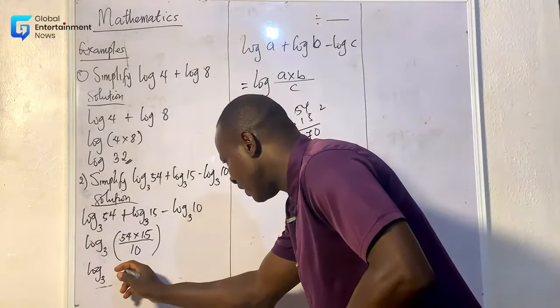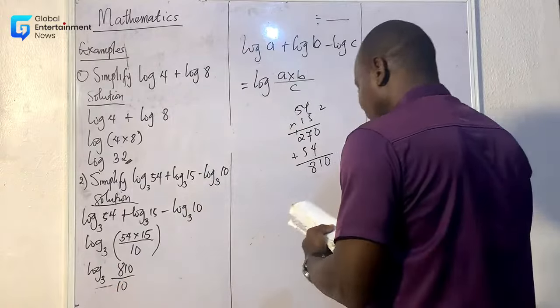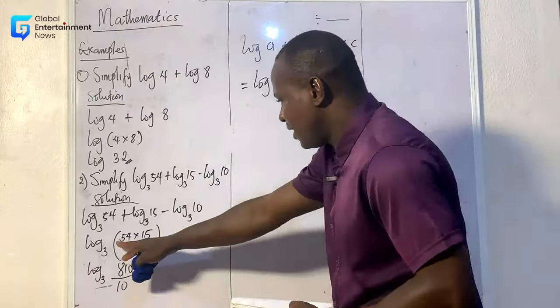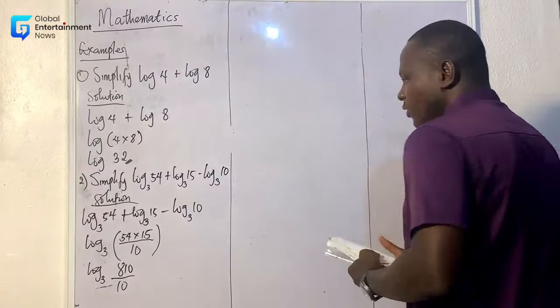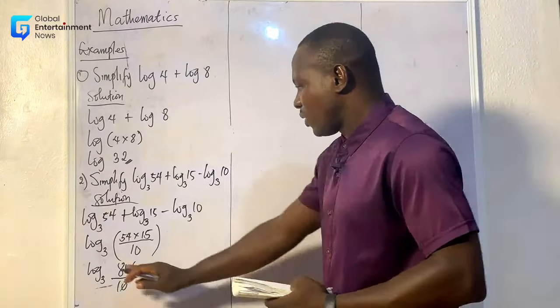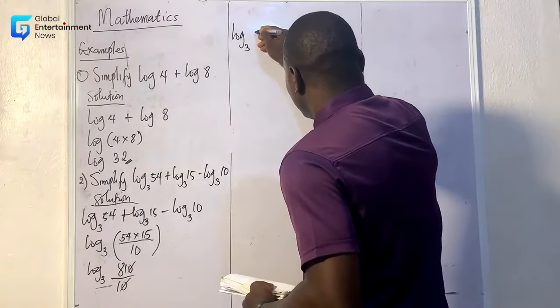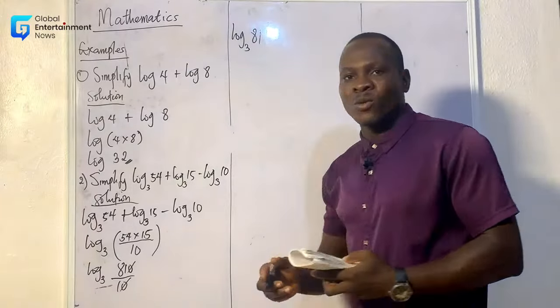So I have 810 divided by 10, by multiplying my 54 and 15 together. So 810, if you look at this, 0 cancels 0. What do we have left? We have log to base 3, 81. Log 81 base 3. And what do you need to do?